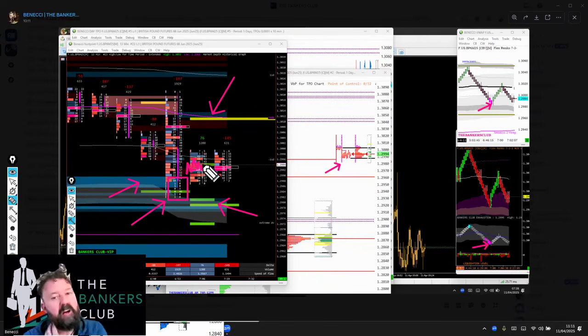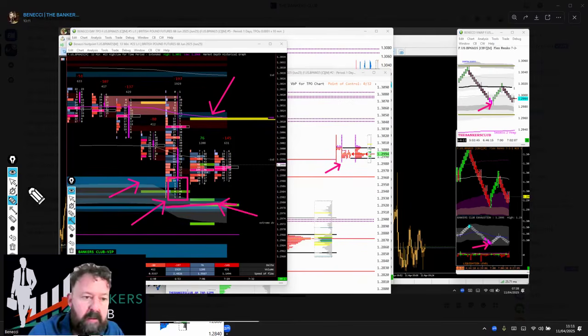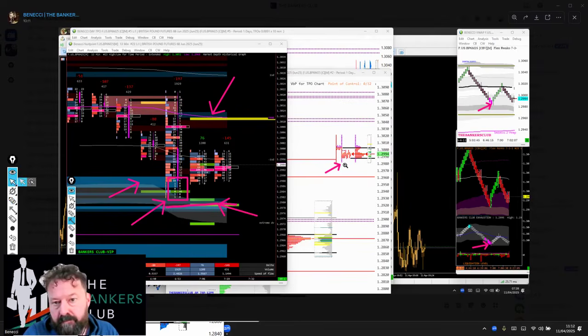And I thought the likelihood is for London, providing this is going to hold, which I thought it would because we're at the point of control. We had the divergences, so I had a long bias. I thought we might see some upward momentum. So that was the idea. Stop loss I put below here somewhere. So that was the reasons for getting long.